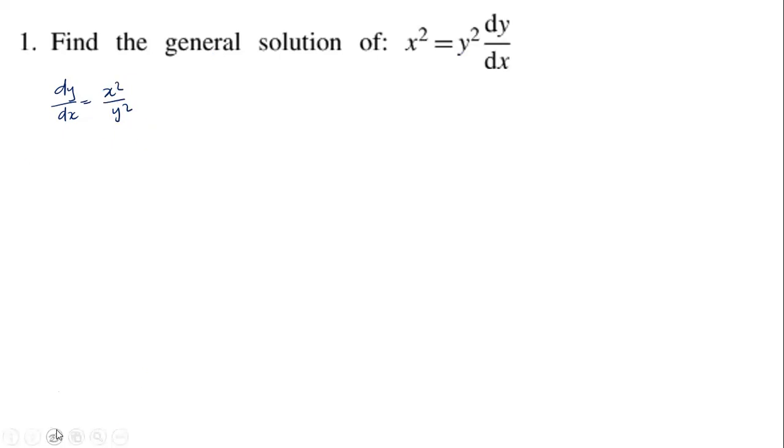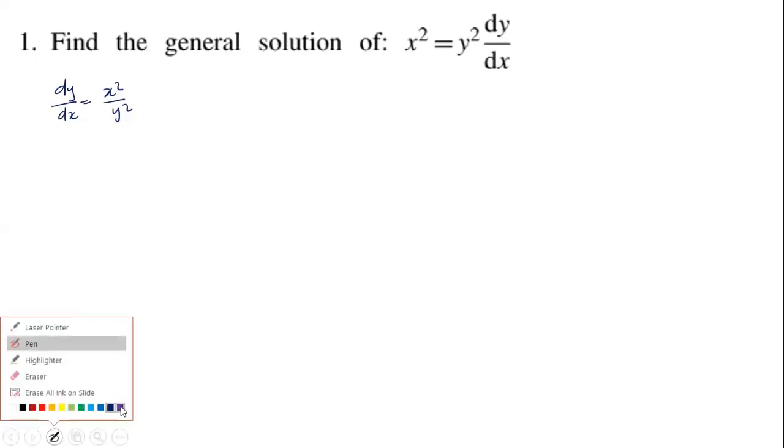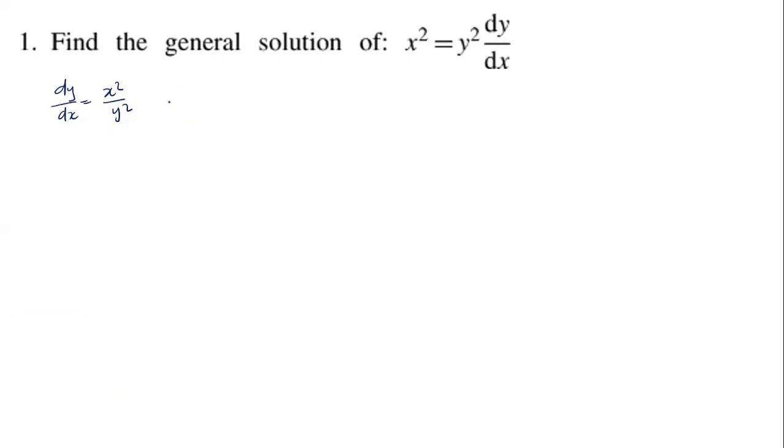Remember, before we can even solve this, we're going to have to let something. But the question is, what are we letting? We have y in this function, so we're going to let y equal vx. Using this equation, I'm going to derive y with respect to x. It will be dy/dx, and deriving these two functions, v and x, I have to use the product rule.